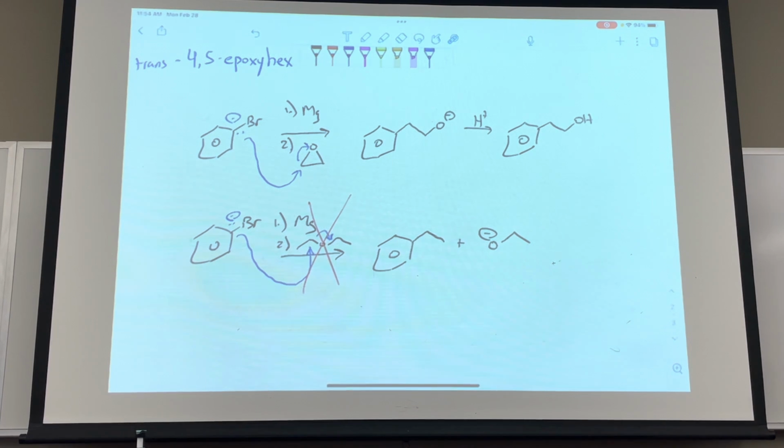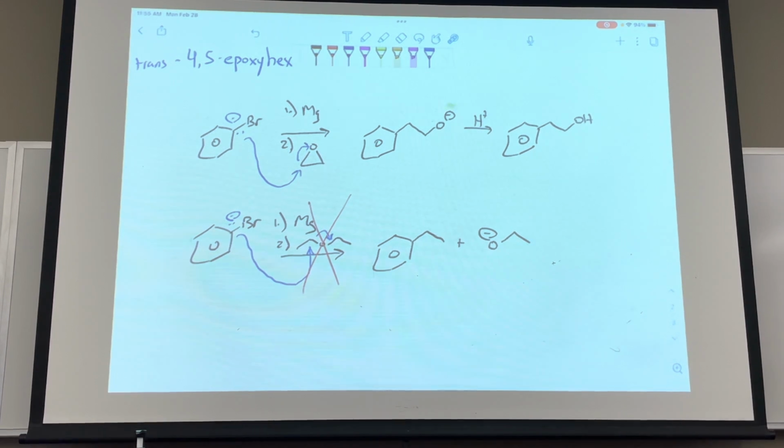If we were to do this hypothetical reaction as written, we're kicking out an O- leaving group. Well, think about the quality of that leaving group. Alkoxides are strong bases and thus very, very bad leaving groups. So that's the primary reason this reaction does not work.